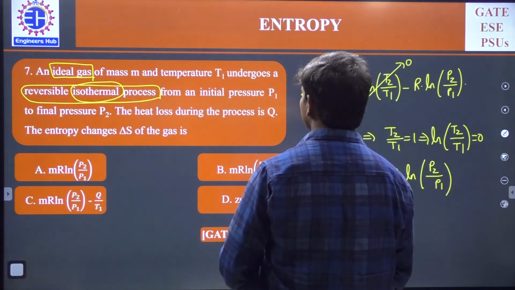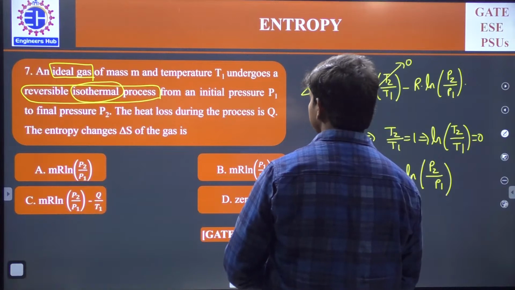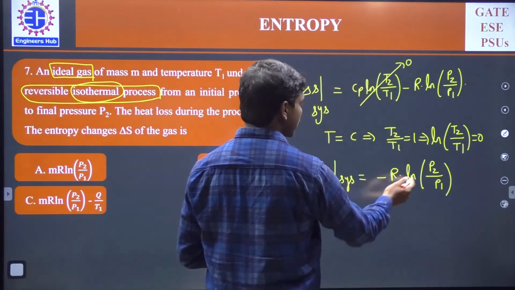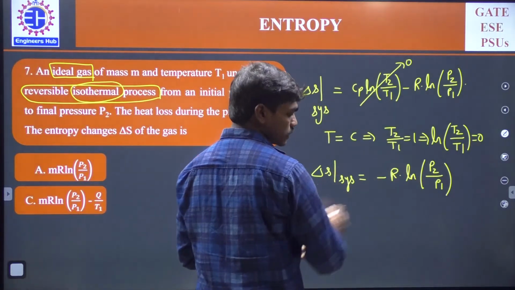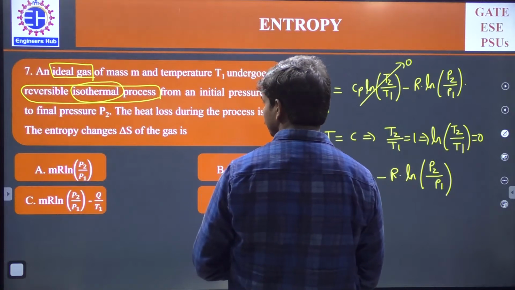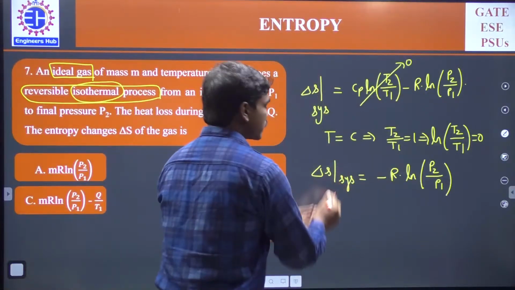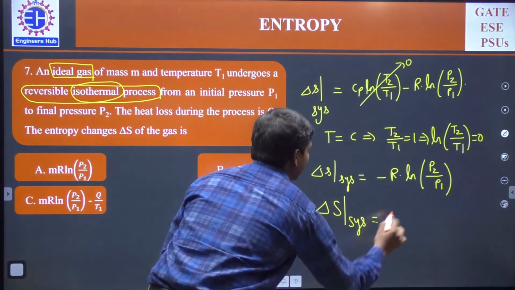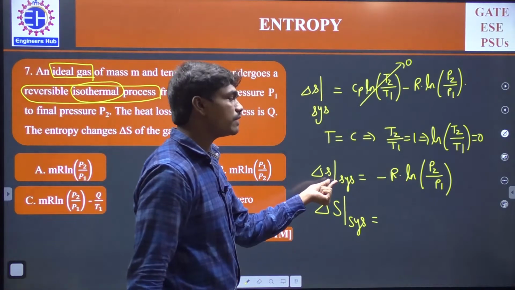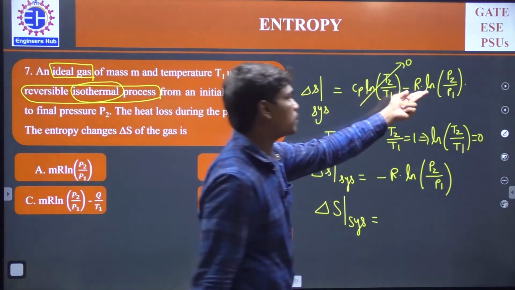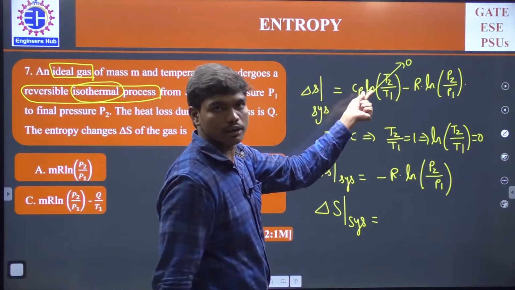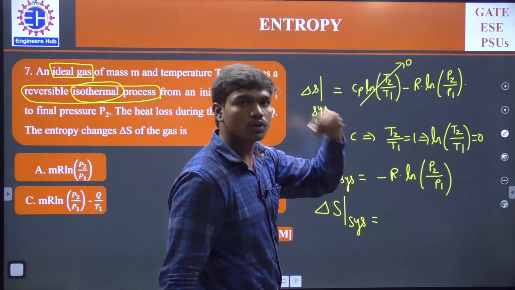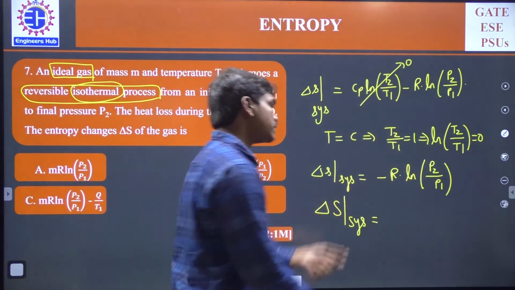The heat loss during the process is Q, and we need the entropy change delta S of the gas. So we have minus R ln P2 by P1. Since this is for specific terms, if you want the total entropy change, this should be multiplied by M, because we are dealing with specific entropies, as we are putting R, Cp in kilojoule per kg Kelvin. So if you want the total entropy change, you need to multiply this with mass.